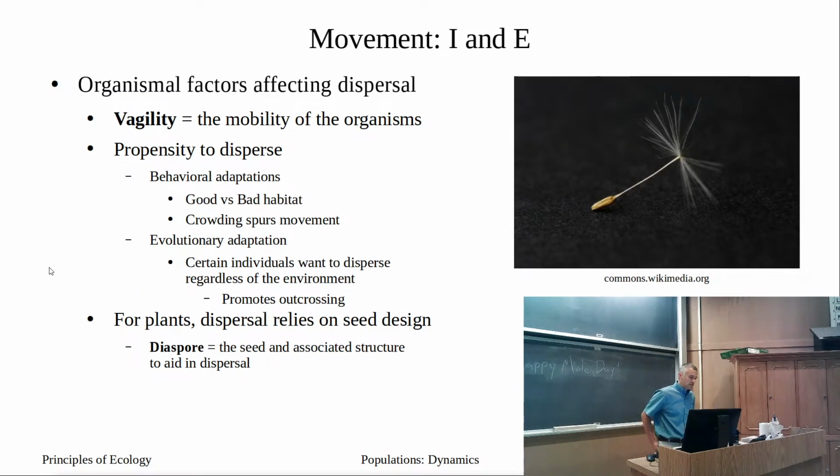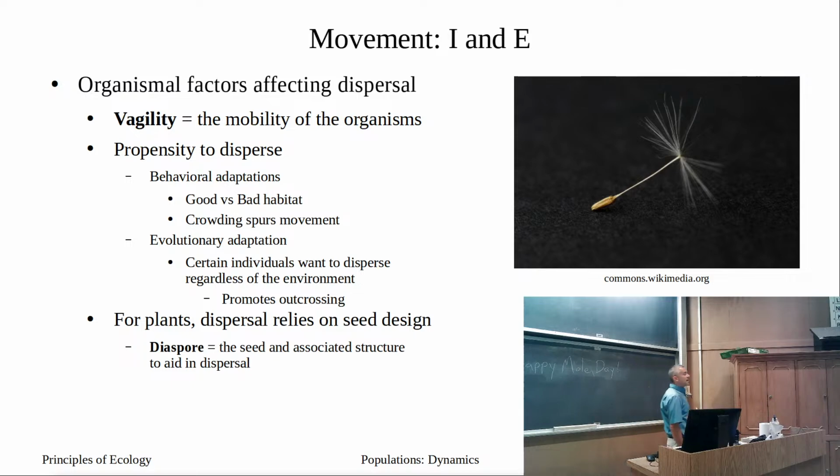Now, what's going to affect our dispersal? Hopefully, the first thing you can think of is movement. How well does the organism move? We describe that as vagility. Vagility is the mobility of an organism.